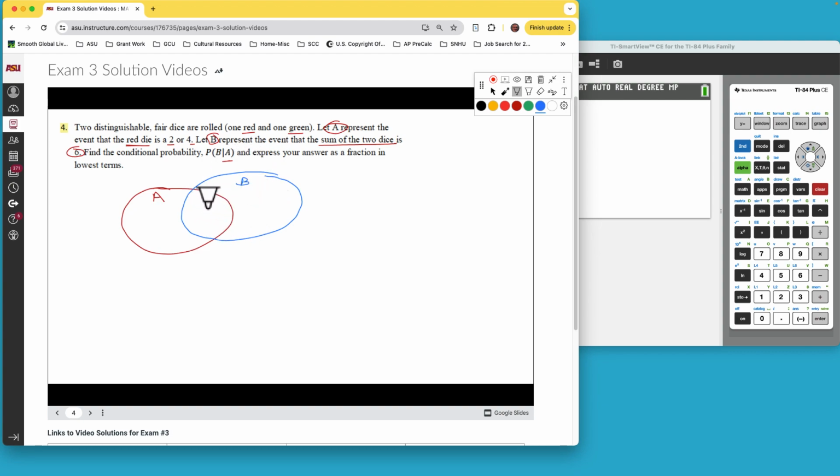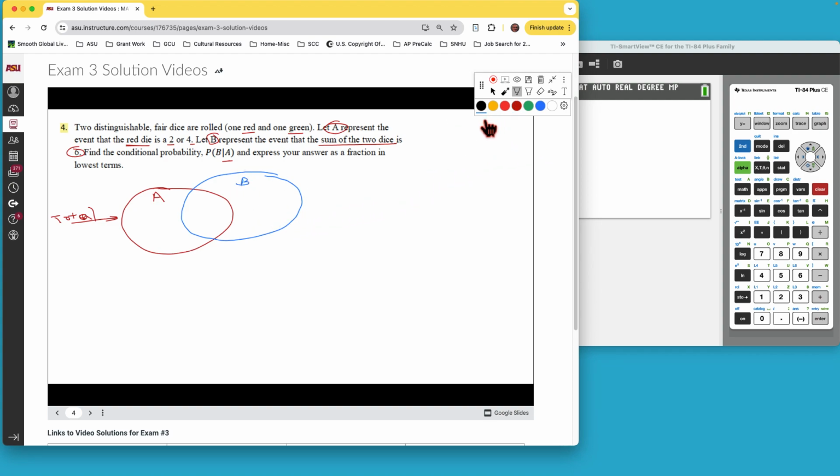And now the place where there is overlap, A intersect B, is what this is going to lead us to. We want this area in comparison to what's in A, because we know A happened. So A is the total of things that have happened, the red circle. That's the universe now. B has not happened, it doesn't matter here.